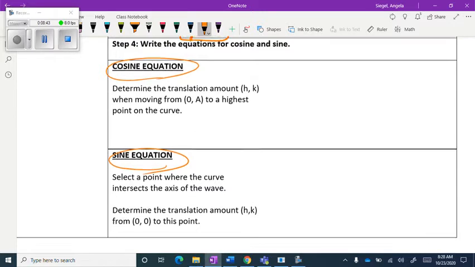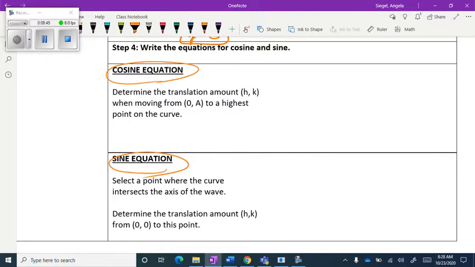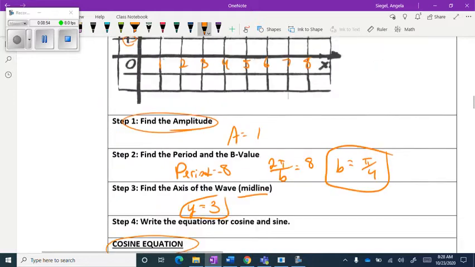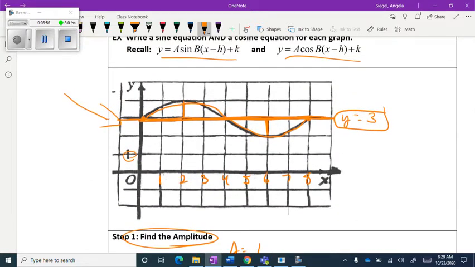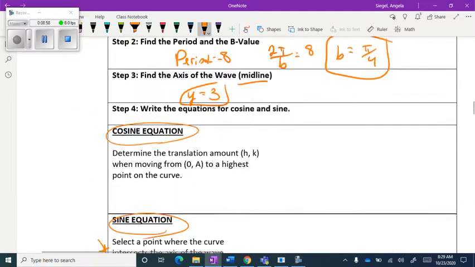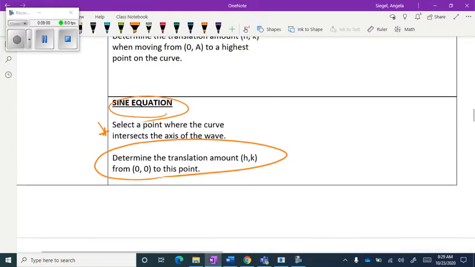Let's start with the sine. Select a point on the curve where the curve intersects the axis of wave. What's nice about this one is it starts right here. So that's why I'm starting with the sine function. It says determine the translation amount h, k from point 0, 0 to this point.